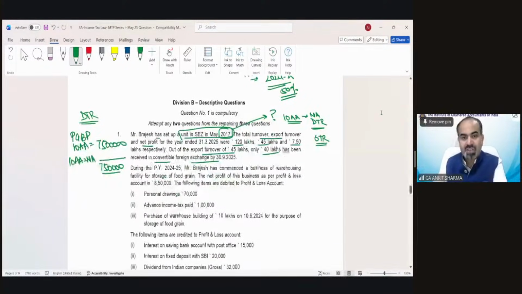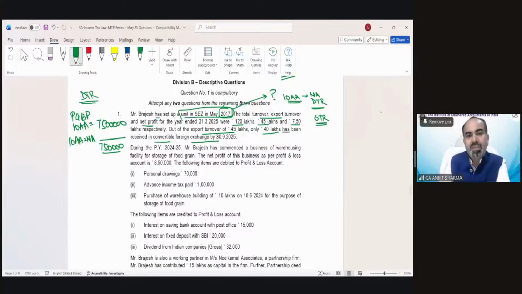The second business: during the previous year 24-25, Mr. Brajesh has commenced a business of warehousing facility for storage of food grains. Now, warehousing facility for food grains is a specified business under section 35AD. But again, section 35AD deduction is not available under default tax regime.